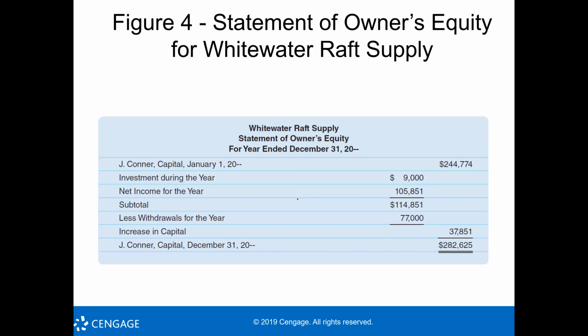So here's an example of that. Here's our beginning balance. In this case, the owner made an additional investment. So we add the additional investment, we add net income, and that is the increase for the year. And then we subtract owner withdrawals, and that increase minus the withdrawals gives us the net increase in capital.